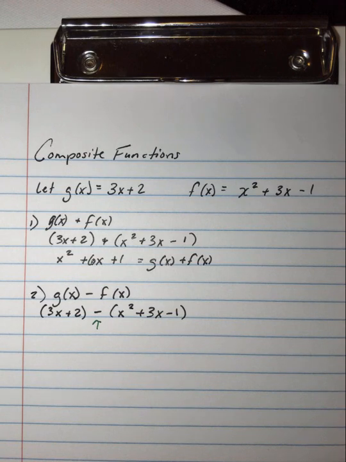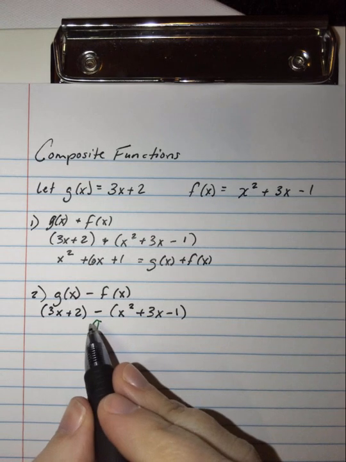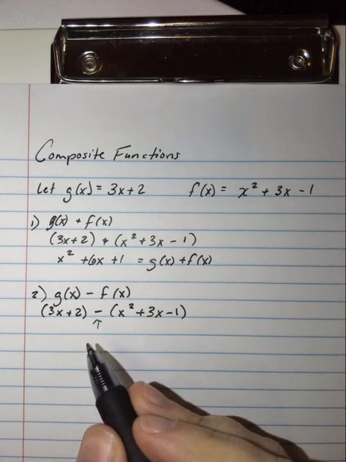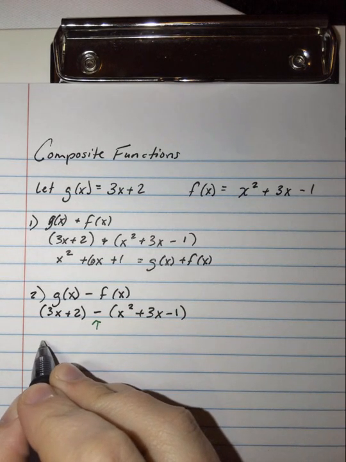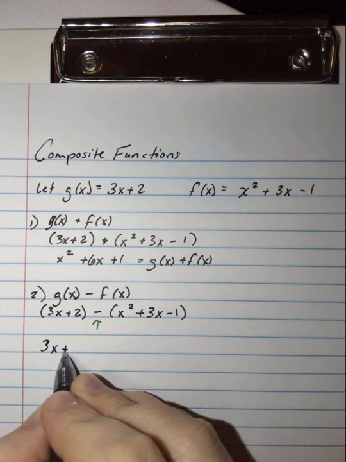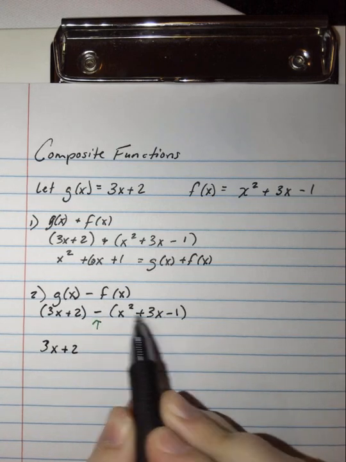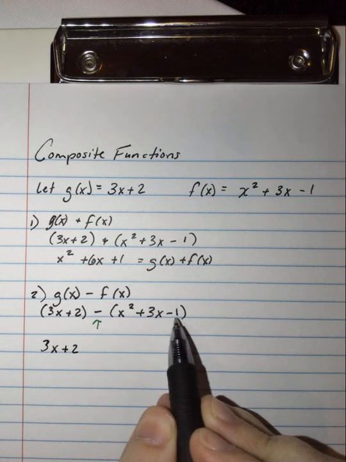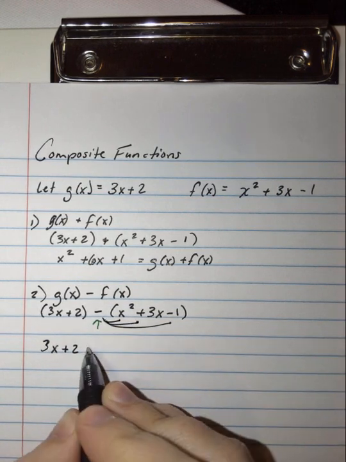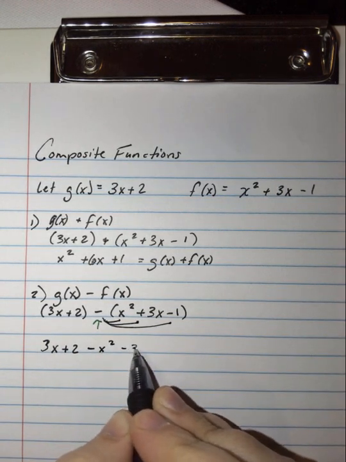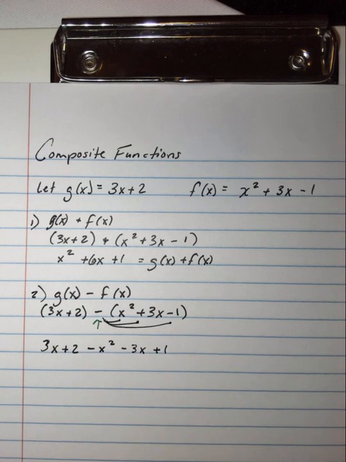So if we go through this, I always like to take care of this minus sign by rewriting the problem. Okay, I got 3x plus 2. I'm going to subtract from that all of this, which means I'm going to distribute this negative 1. So if I distribute this negative 1, I'm going to get a negative x squared minus 3x plus 1.